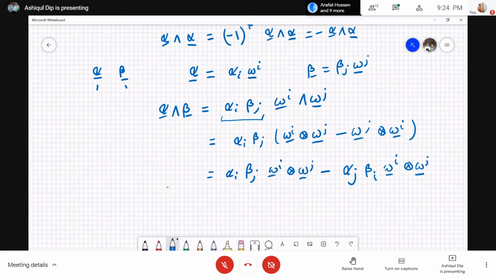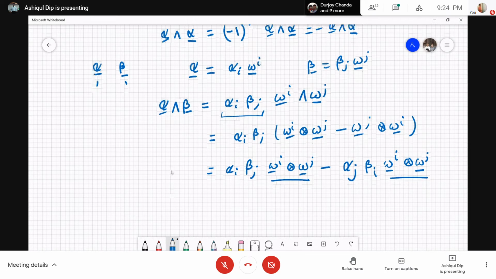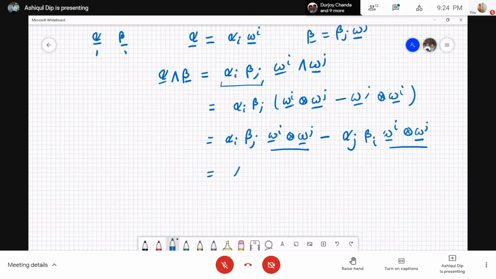To match with this part. Then I can actually factor out this basis. So I get alpha I beta j minus alpha j beta I times the whole thing, omega I times omega j, like that.